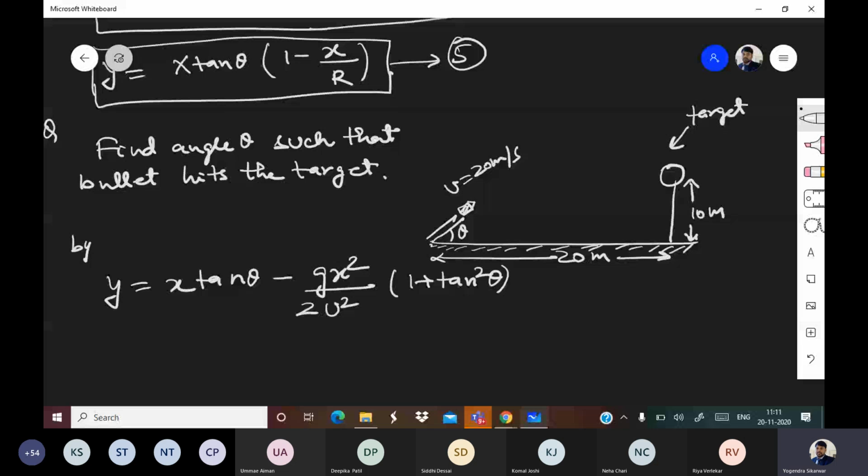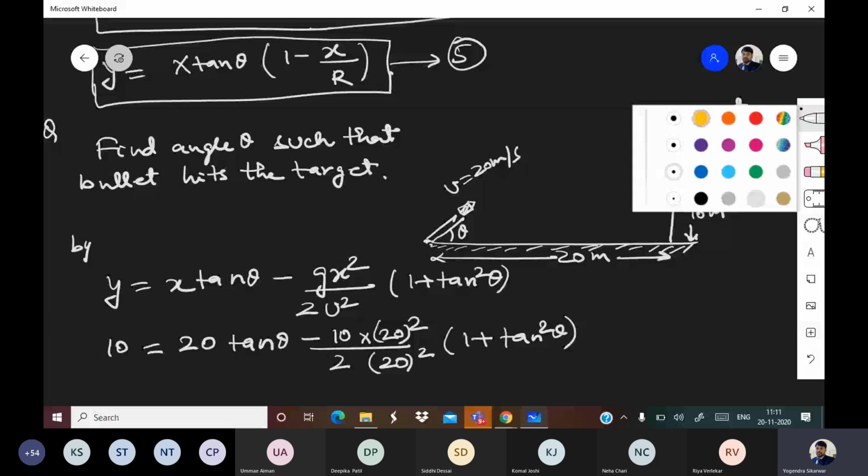So y is how much? Y is 10 is equal to x is how much? X is 20. Tan theta that we need to calculate minus g is 10. Let me write directly as 10 into x square means 20 square upon 2 into u square is 20 square into 1 plus tan square theta.